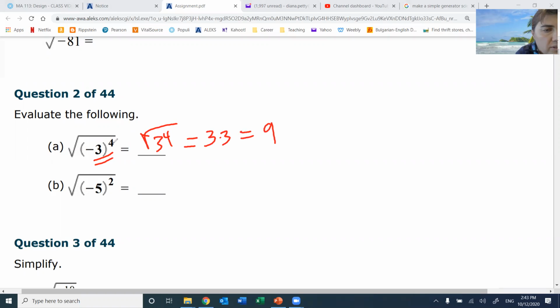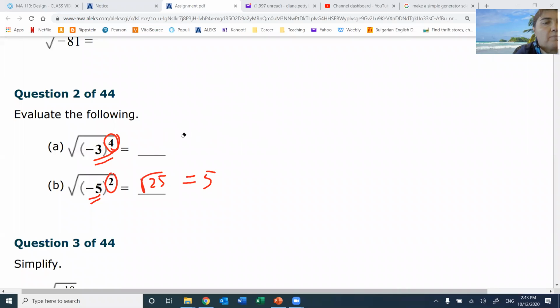Because this is even, it doesn't matter that it's negative. You can write the square root of 25 right here, and it's 5. The other one, it's going to be 9 times 9, which is 81. It should have been the square root of 81 right here, because this is what 3 to the power of 4 is, which is 9. Maybe this was the easy way to do it.